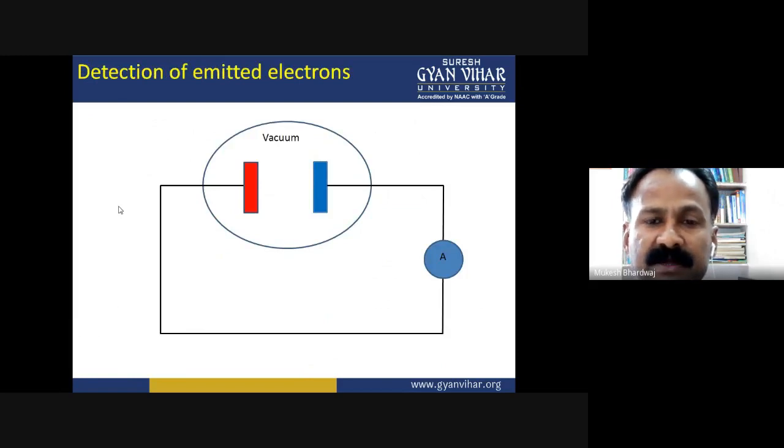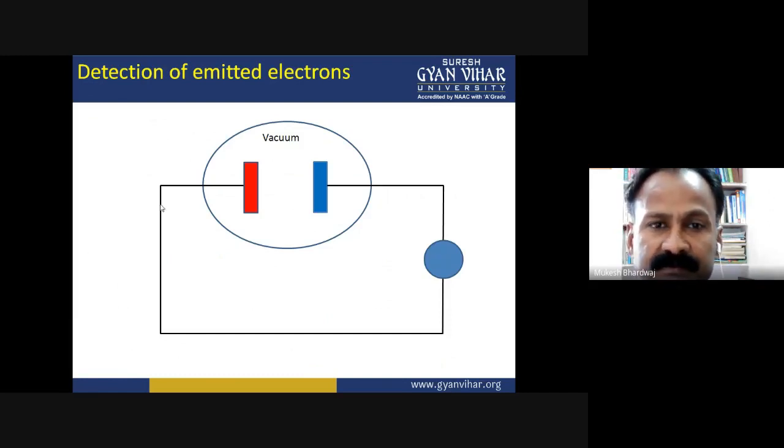This is the arrangement of the photoelectric effect, or we can say how the detection of emitted electrons can be analyzed. We take a vacuum chamber in which two electrodes are connected.